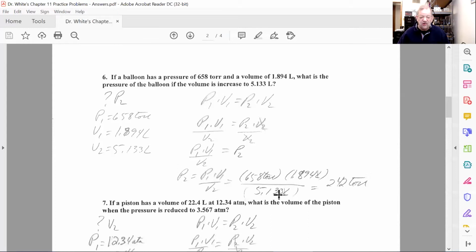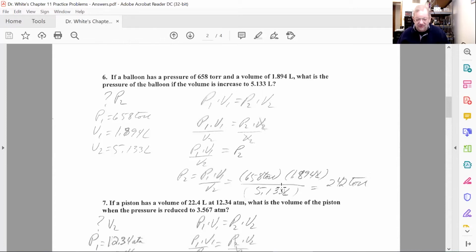Now, you can still use your good friend, unit analysis. Notice liters divided by liters cancel out the units, and therefore you're just left with torr, which is a unit of pressure, which we're trying to get to. And therefore, we will get to the right answer.